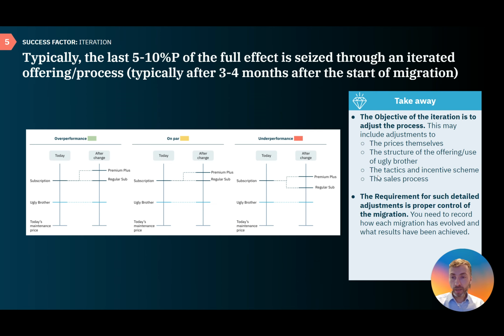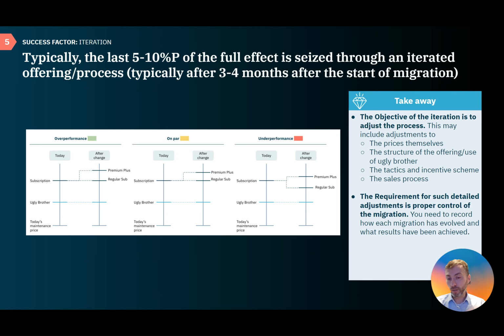I switched to the last part, iteration, because once you've started this process of calling clients, of migrating them, you will learn a lot. And it's probably, even after all the work we have done, the most important part. So what we see sometimes here on the left-hand side is an overperformance. So we see that we successfully migrate all the clients to our new model, which is a signal that we could maybe yield more.